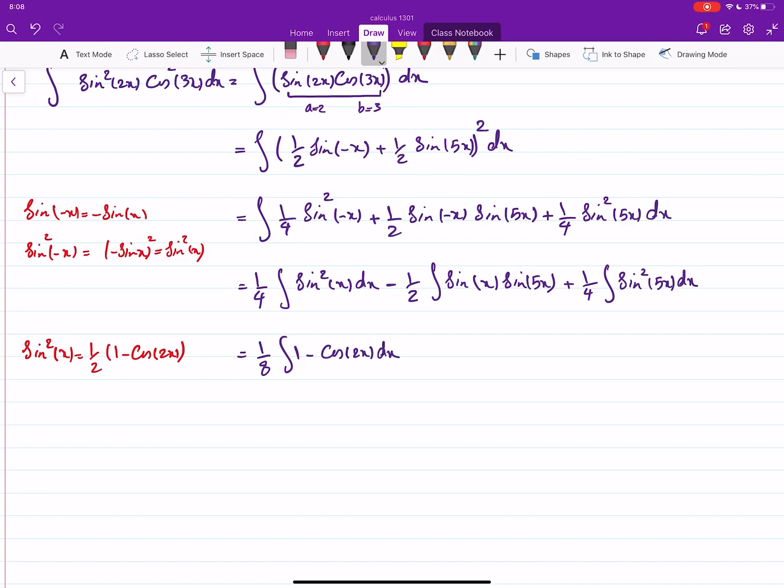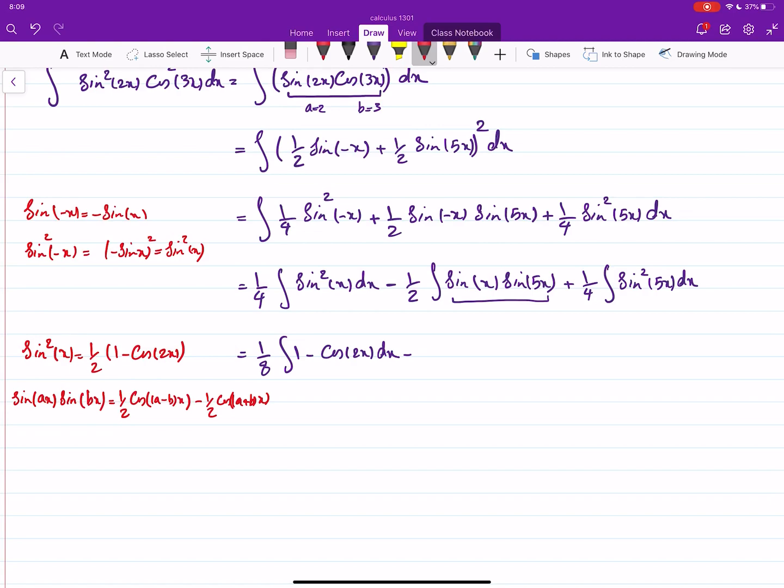That's the first integral. The second integral, on the other hand, is a product of sine and sine. So I need to use one of those product formulas for sine and cosine. If both of them are sine, this will be the difference of two cosines: half of cosine of a minus b times x, minus half of cosine of a plus b times x.